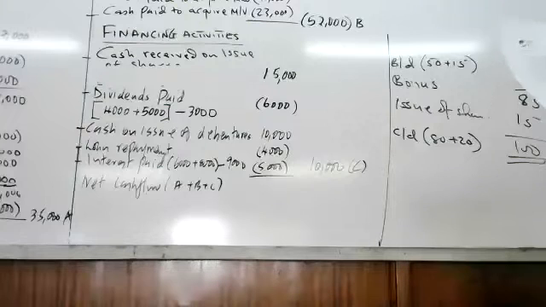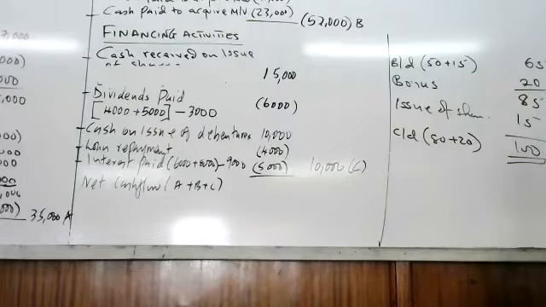How much are you getting? A plus B plus C? 97. Oh. Negative 7.